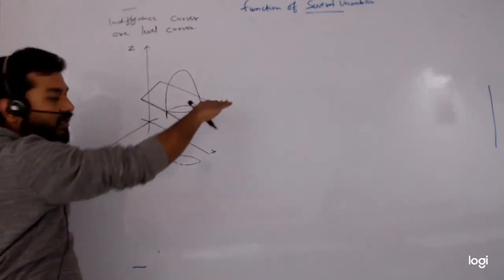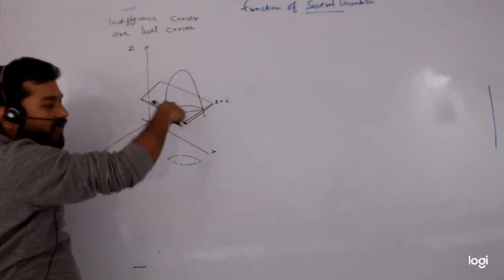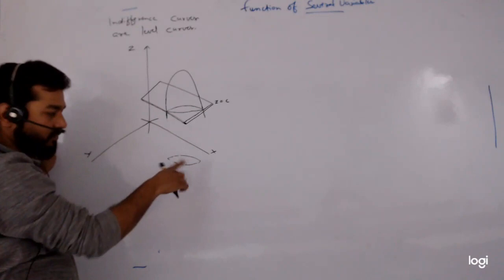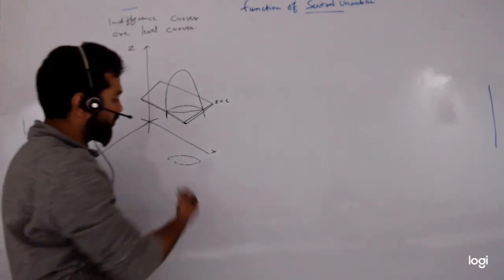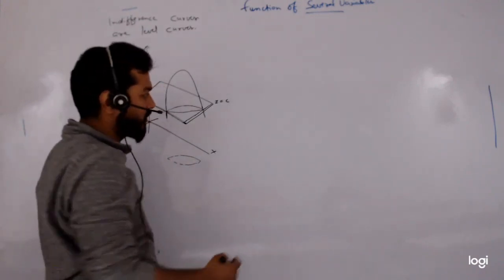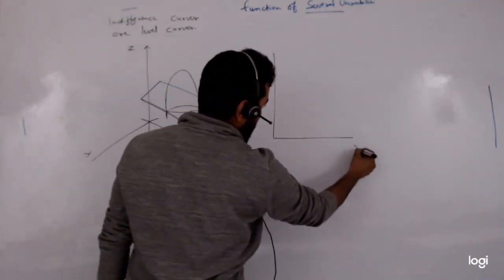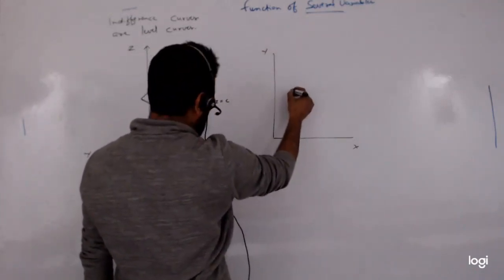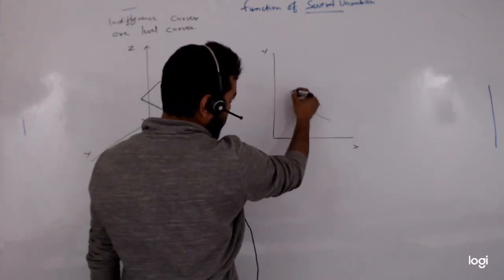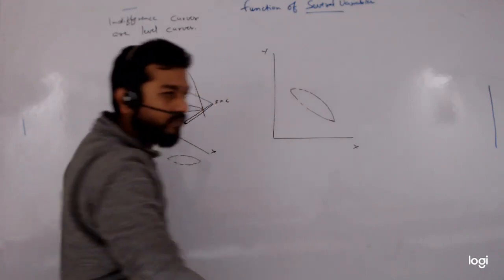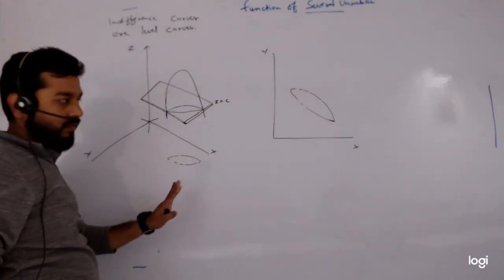This ring, if you see it from above, is going to look something like this. Okay, how would this look in 2D? X, y, it's going to look something like this. Okay, these are level curves.